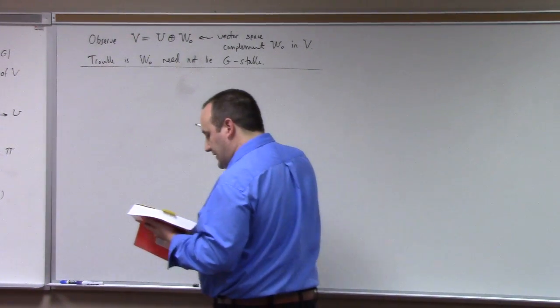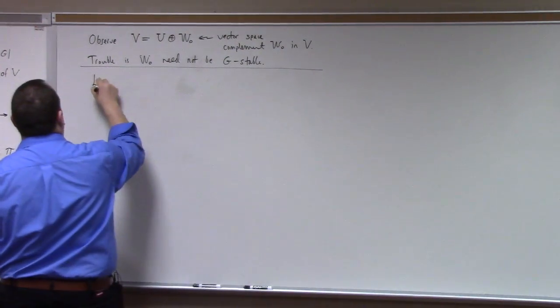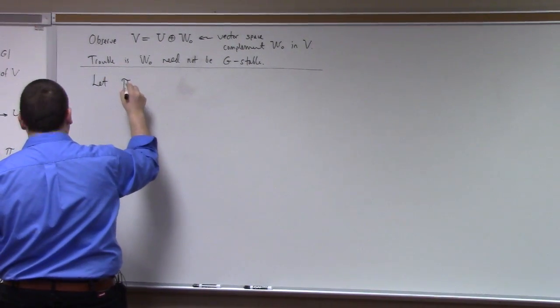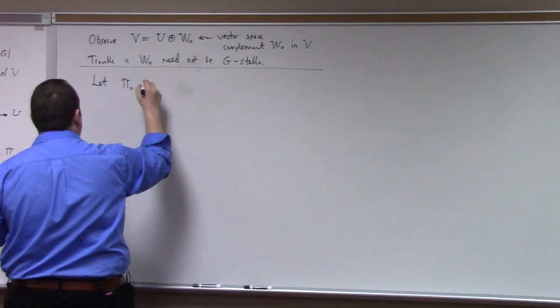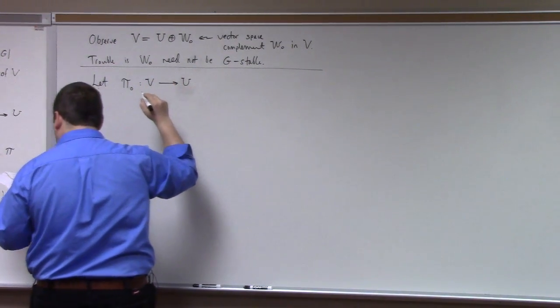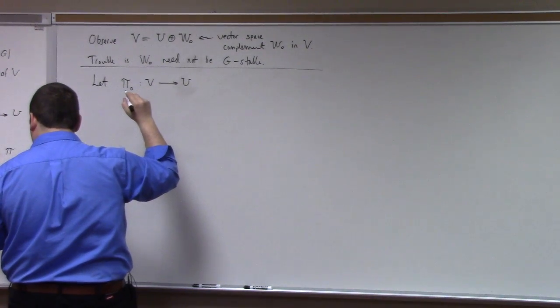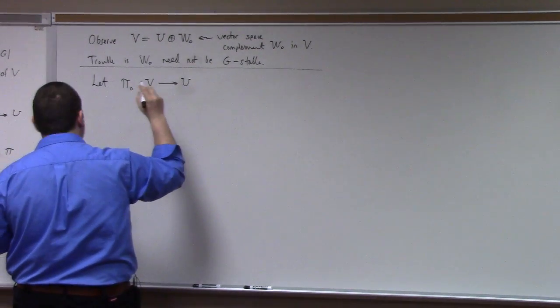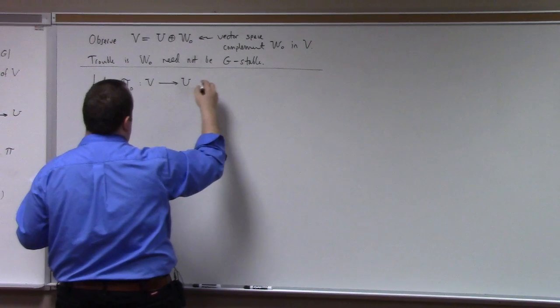He says, let pi naught from V to U be the vector space projection of V onto U associated with this direct sum decomposition. Actually, he is using it.